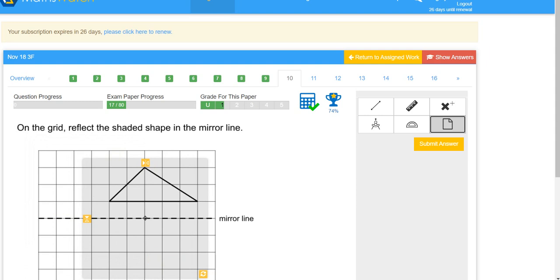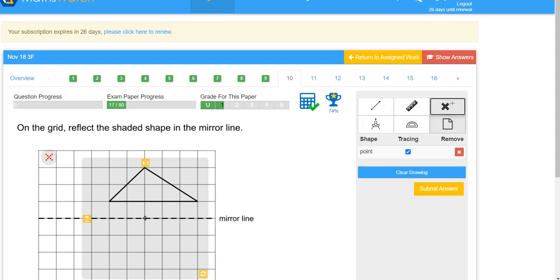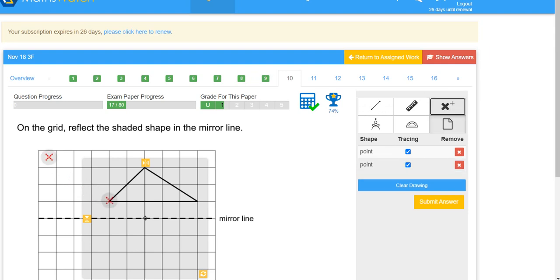So I'm going to line up my tracing paper so that this is right along the mirror line. Now, you can be careful doing that because I want it to flip over along this, so I'm using this control. I'm going to mark with an X the 3 points of my triangle. There's 1, there is 2, and then here is 3.